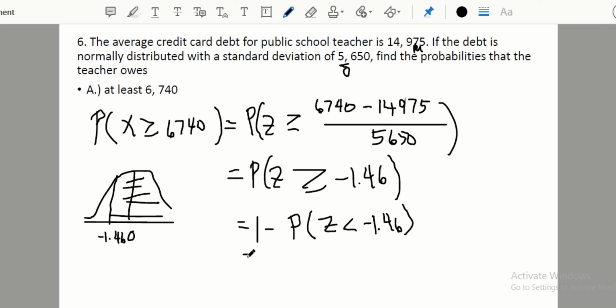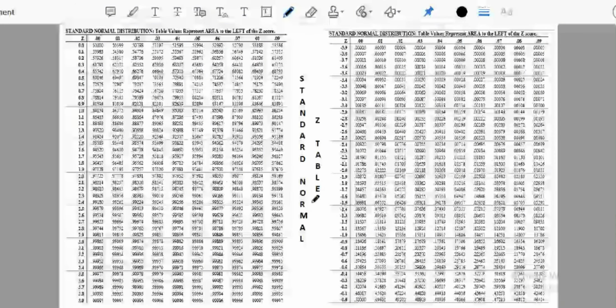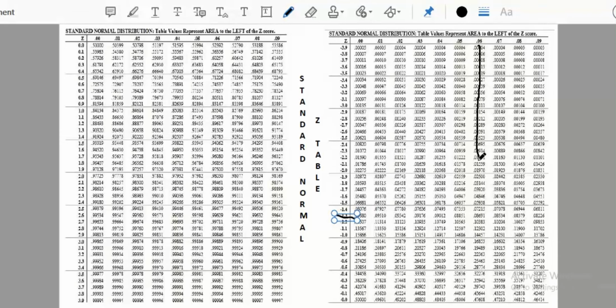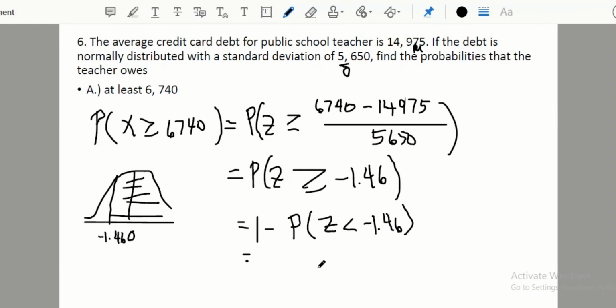So using the table, negative 1.46 is here. So we have here 0.07215.